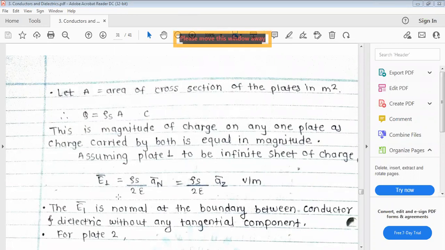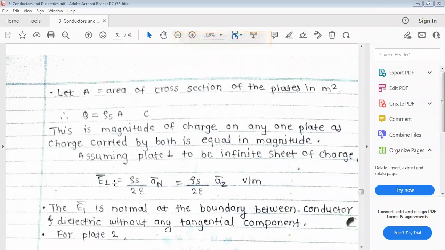So the electric field intensity due to an infinite sheet charge is given by E bar is equal to rho S divided by 2 epsilon 0, into the unit vector A bar n. This is the normal or perpendicular unit vector.